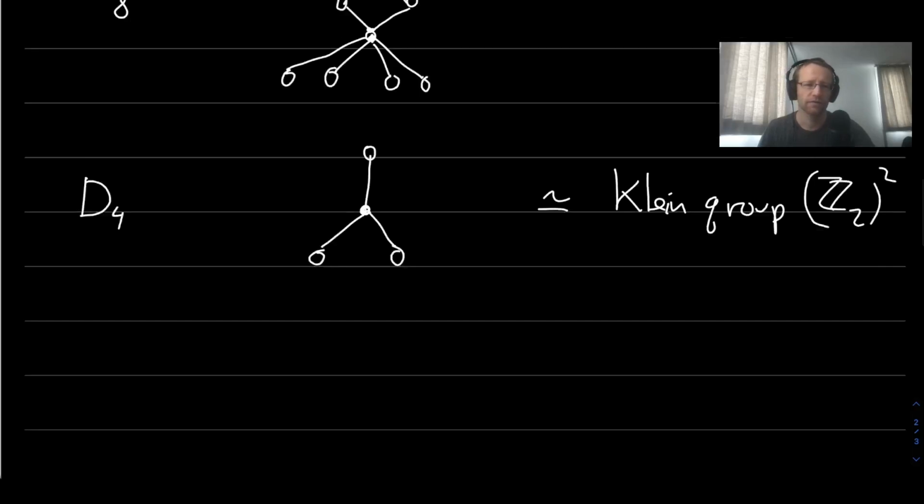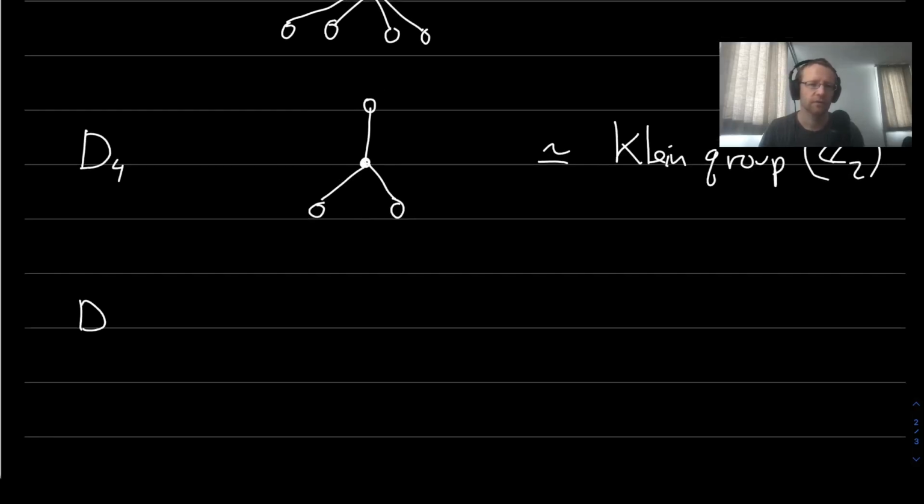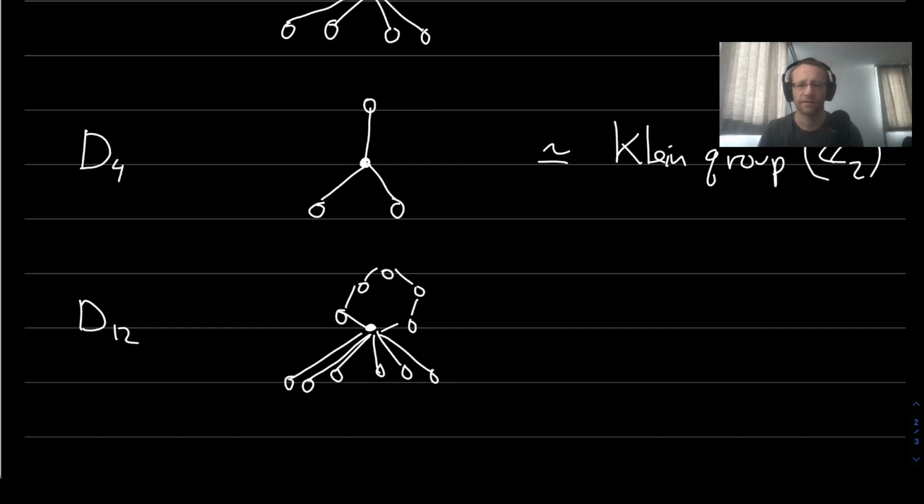And so on. So for instance, D12 would have 1, 2, 3, 4, 5, 6. This, and then another 6 attached. So these are the Cayley graphs.